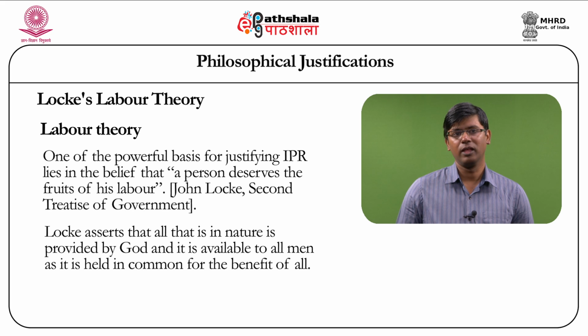Basically, to expand on what Locke believes, all that is available in nature is largely created by God, and this should not be monopolized or held as property by a particular individual. In fact, it should be allowed for everyone to enjoy what is actually given by God.